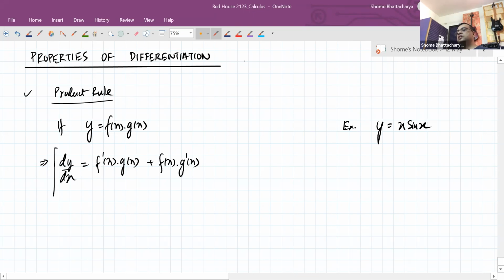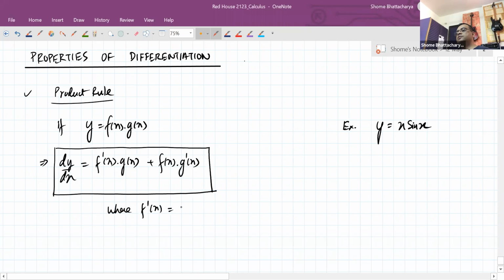So it is precisely for these type of formulae that the short form becomes very easy to use, because here by f prime x we just mean differentiation of this function, and by g prime we mean differentiation of this second function.